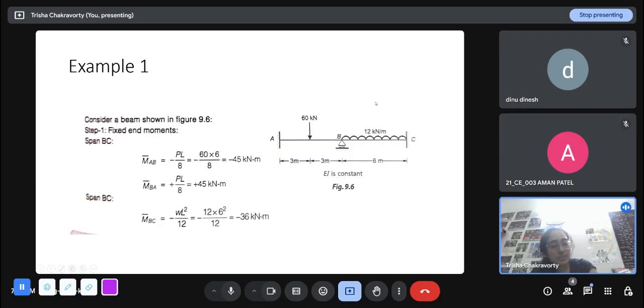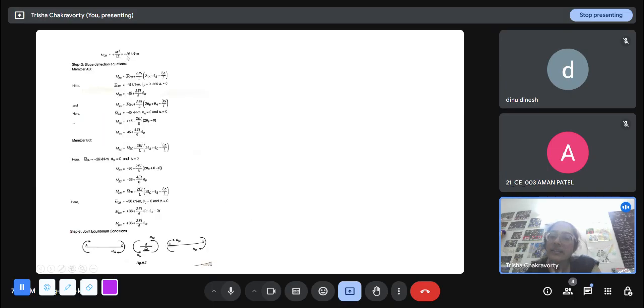And if there is a UDL, then the formula is minus WL square by 12. And again, if it's in the downward direction, then MBC, the left end will be minus and the right end will be plus. So I get MAB bar is minus 45, MBA bar is plus 45. MBC bar is minus 36, MCB bar is plus 36. All these are in kilonewton meter.